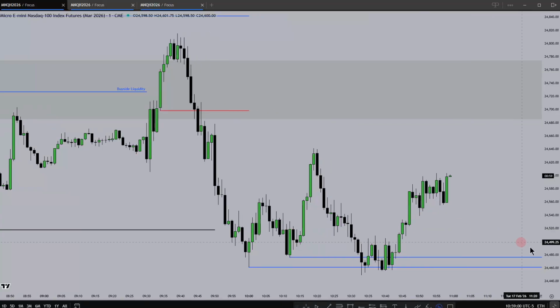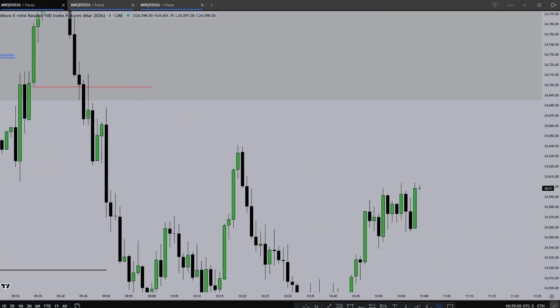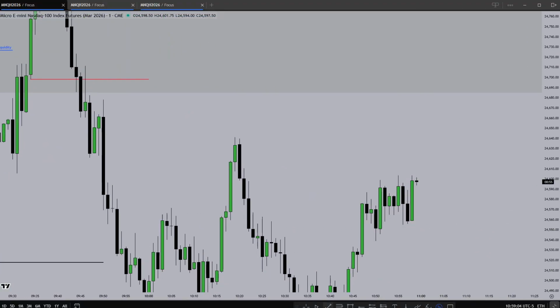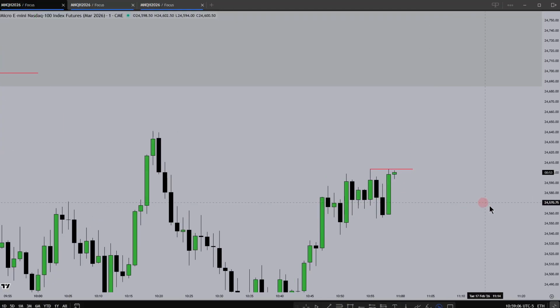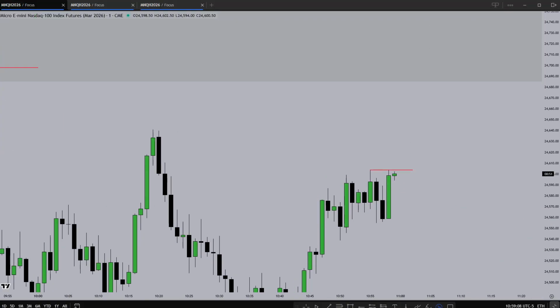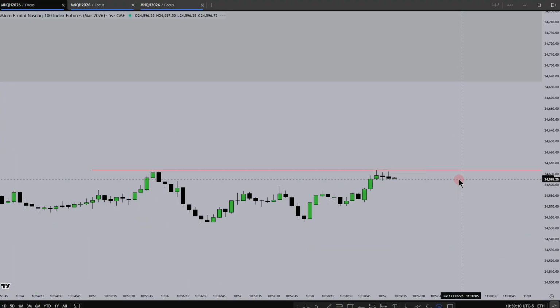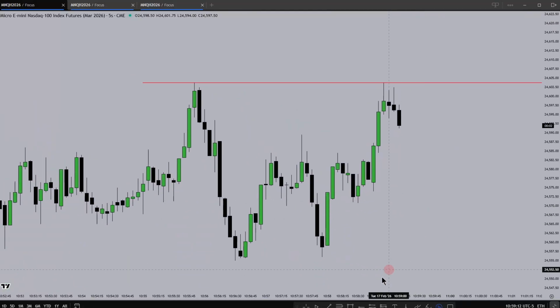No, I wanted that entry. I really wanted that entry there. I'll show you what I mean. Here, fair value gap, opposing candle.